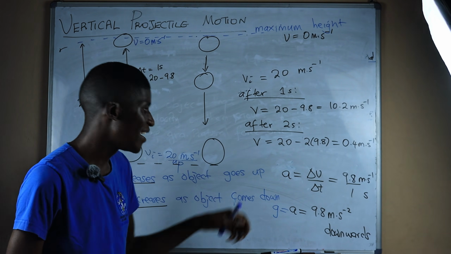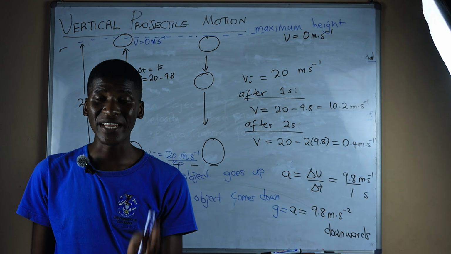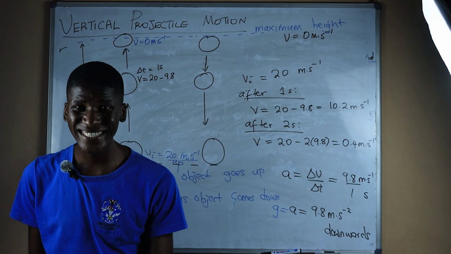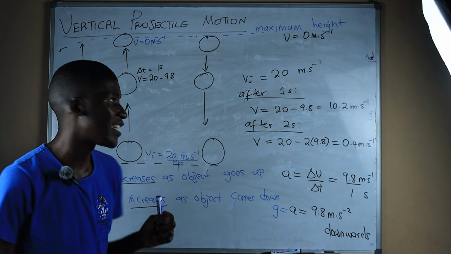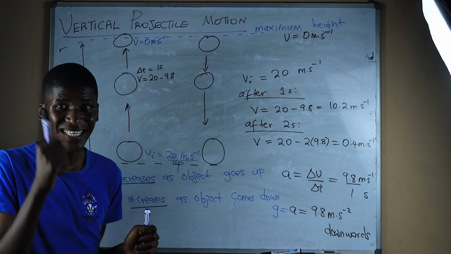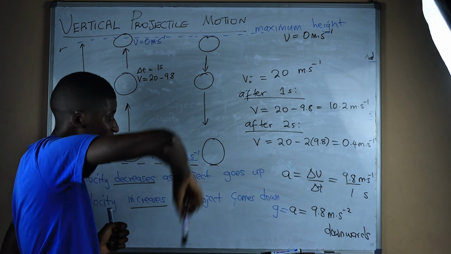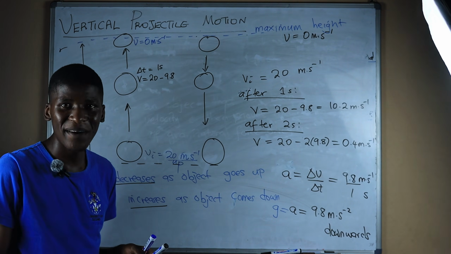Hence we say that the acceleration for all projectiles is always 9.8 meters per second squared downwards. So it means that when the object is going up, it loses 9.8 meters per second every second, and when it is coming back down again, it gains the same amount.